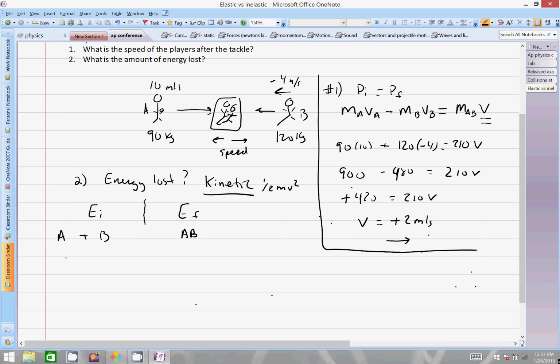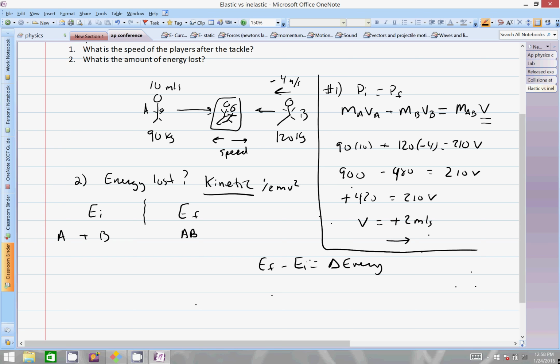In this case, you could just subtract them, do a final minus initial if you'd like. Energy final minus energy initial equals the change in energy, and that would be fine. Or you could just create the energy before, energy after, and look at the difference.